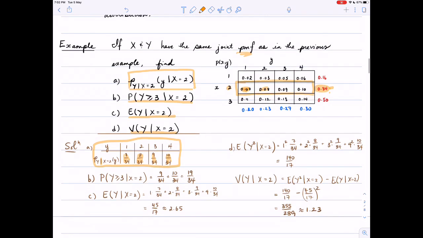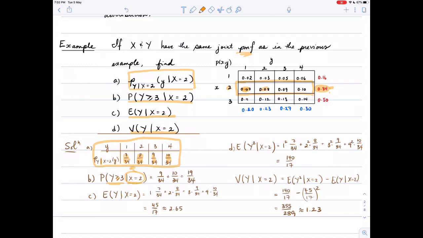Now that we have this distribution, there is nothing unusual about it. We do all the calculations exactly as we normally would. You want the probability that y is greater than or equal to 3 given x equals 2. Well, this part no longer needs special care because we've already taken care of it.